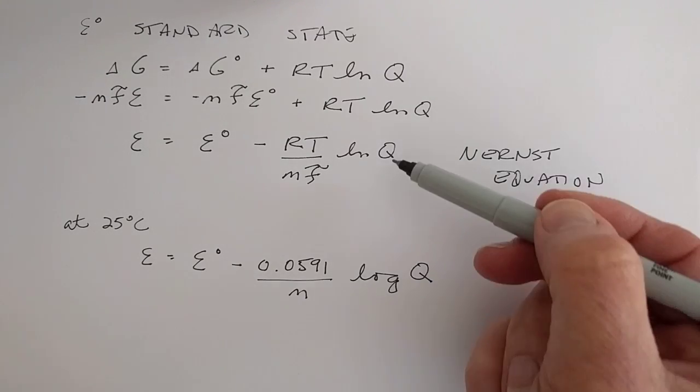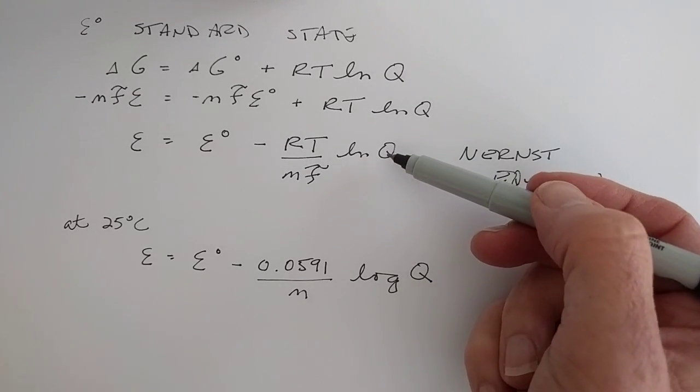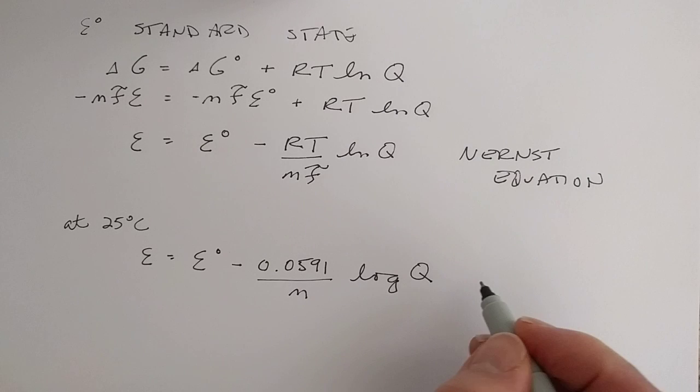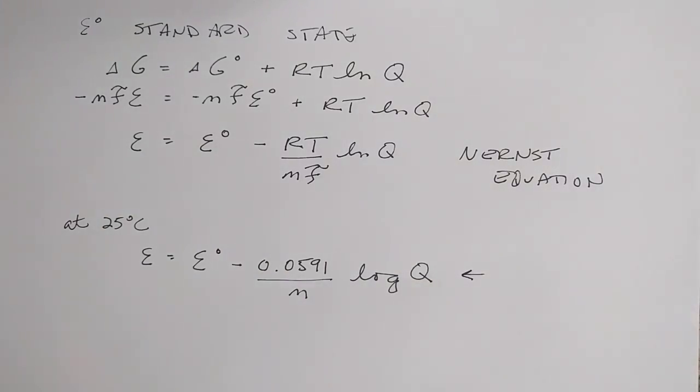You can do that by multiplying the natural log by 2.3. This equation is often how you will see the Nernst equation.